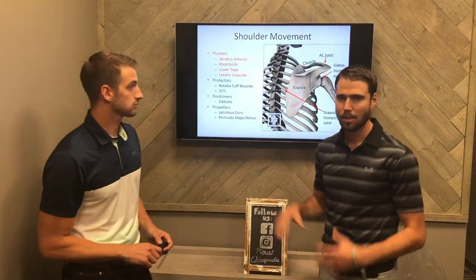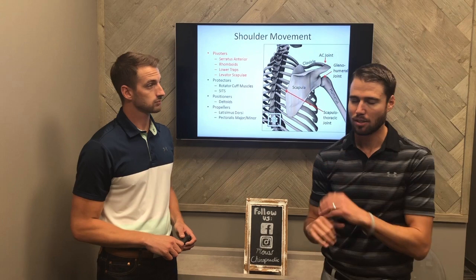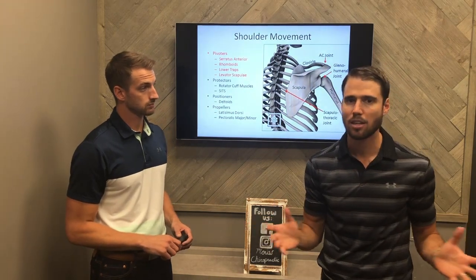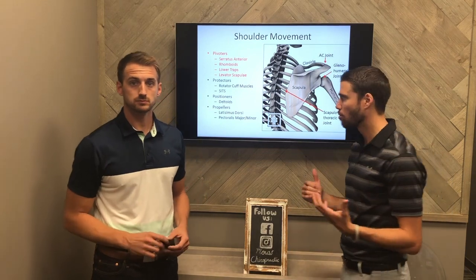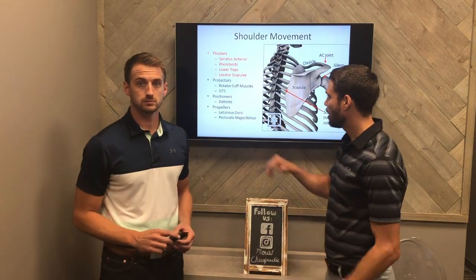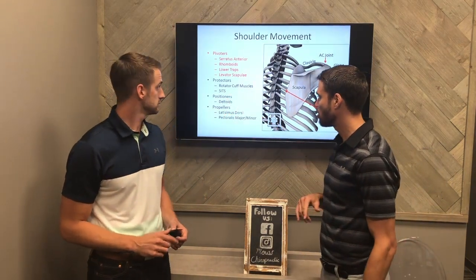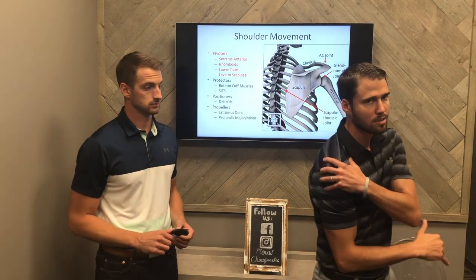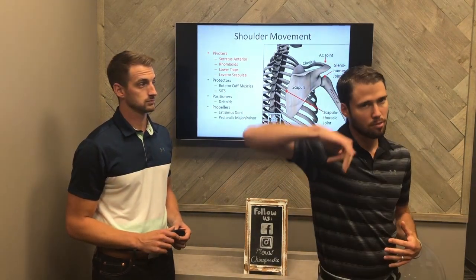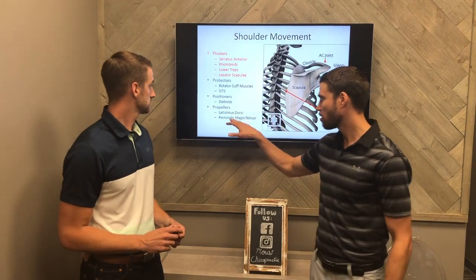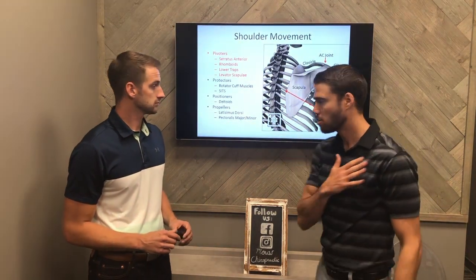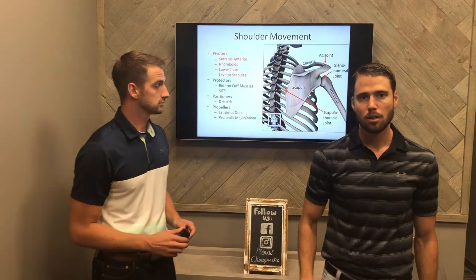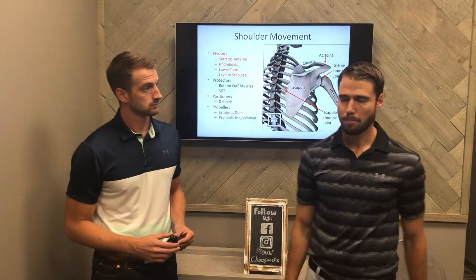A lot of times we overload those to carry things or do things that they're never intended to do, and so we overwhelm those. Then the positioners, the deltoids, more on this side, doing this kind of motion. Propellers: you have the lats in the back, the pectoralis major and minor in the front here. So those are the jobs there.